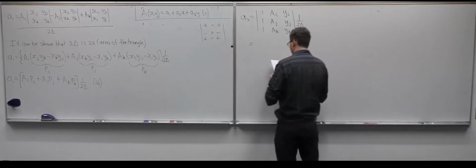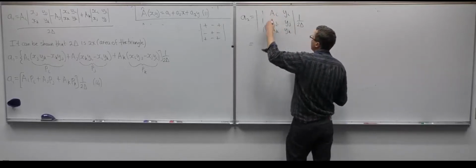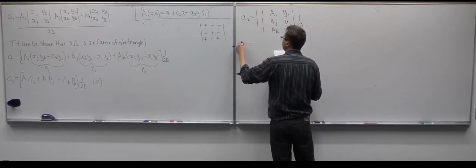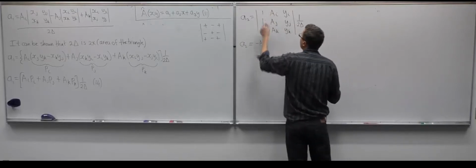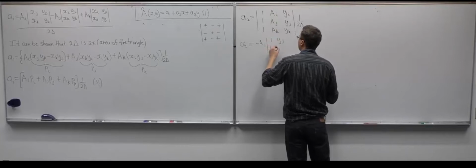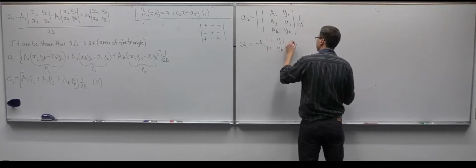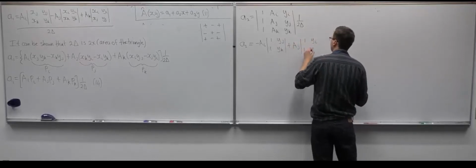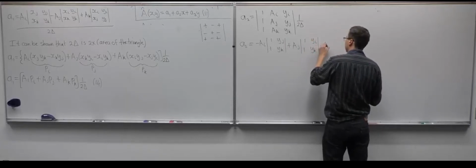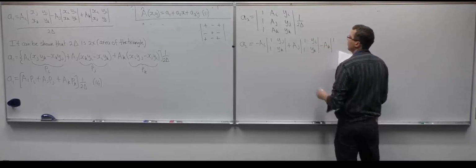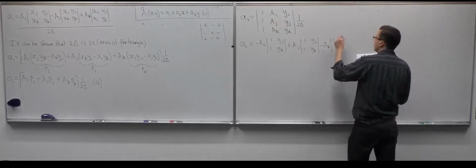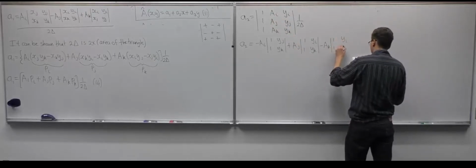For the first one, knocking out the row and column, we get that A2 is equal to minus a_i times the determinant 1 y_j, 1 y_k, plus a_j times 1 y_i, 1 y_k, minus a_k times, for the third one, we knock out the bottom row and the second column, 1 y_i, 1 y_j.